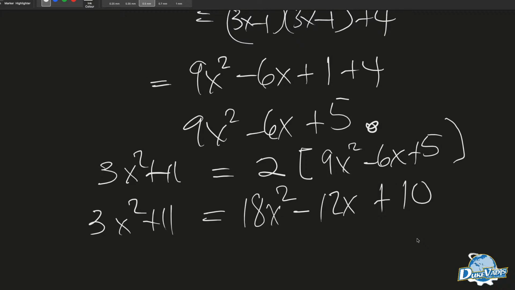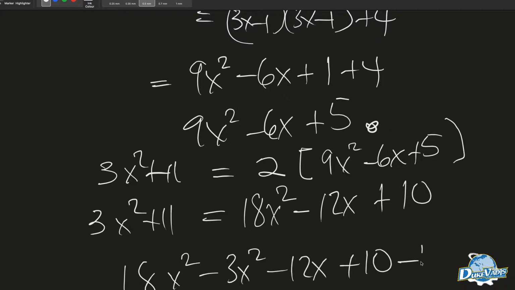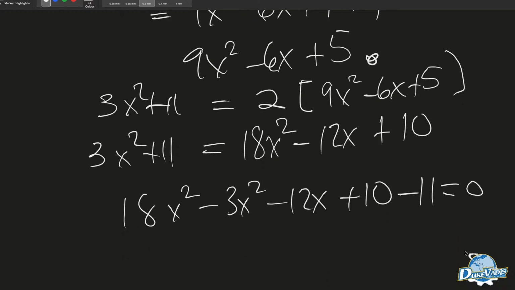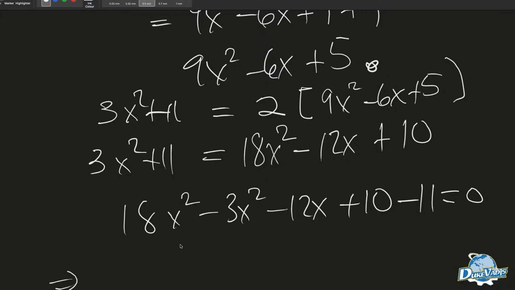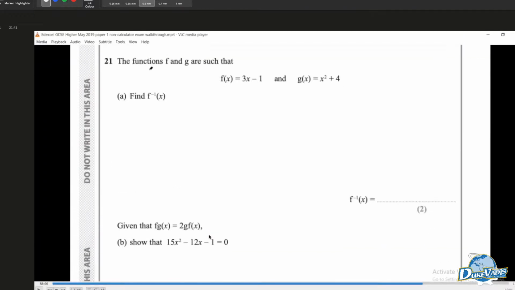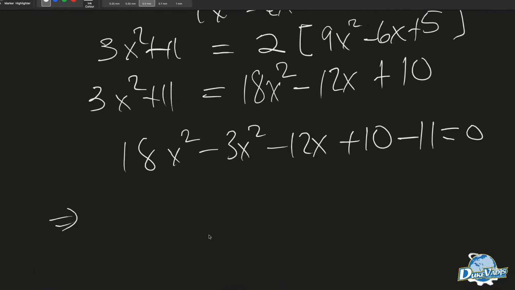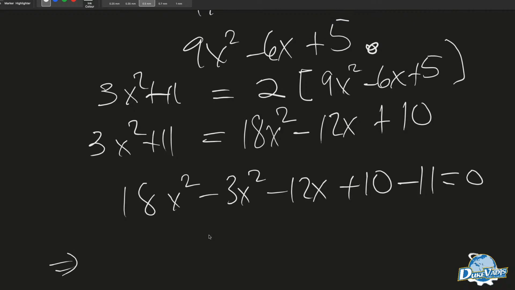When we rearrange, we get 18x squared minus 3x squared, minus 12x, plus 10 is there already, and then minus 11 is equal to 0. What we're supposed to prove is 15x squared minus 12x minus 1 equals 0. So this will be 15x squared minus 12x, and 10 minus 11 will be minus 1, equal to 0.